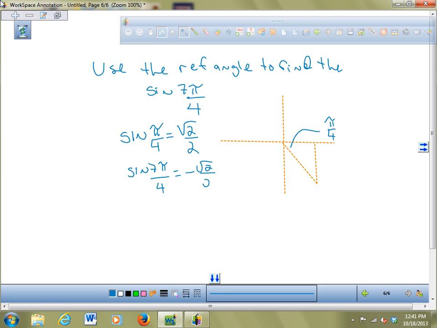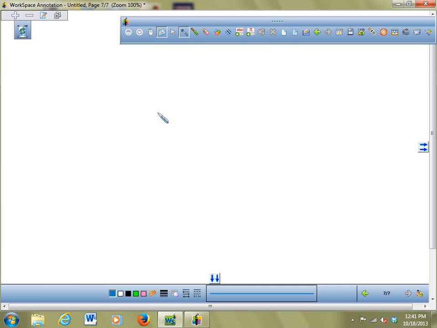Okay, so using trig identities. This isn't too bad. Last example.